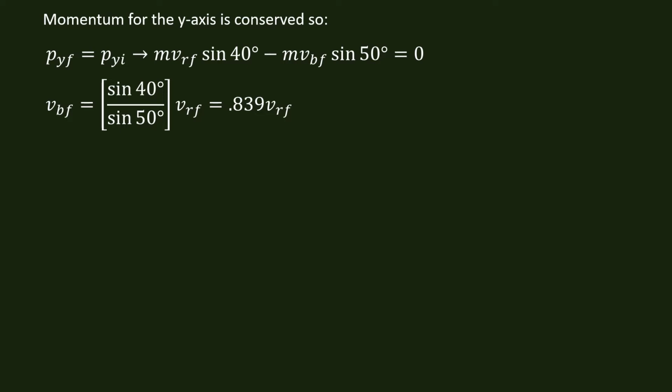We have conservation of momentum, and this is all going to be equal to 0 because we don't have any momentum in the y-axis that's going to figure into our answer, except we can derive an equation here which we will need. So we just take this equation and we solve for VB, the blue ball's final velocity. That's what we're solving for right here.